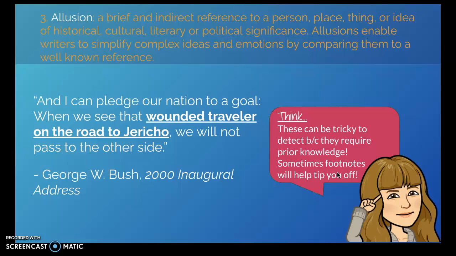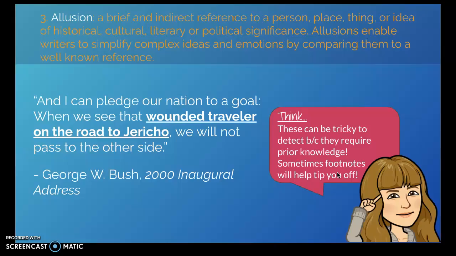In this case, George W. Bush, in his 2000 inaugural address, makes an allusion to the biblical story of the Good Samaritan. He says, "And I can pledge our nation to a goal. When we see that wounded traveler on the road to Jericho, we will not pass to the other side." Now, he's not literally talking about a wounded traveler, right?